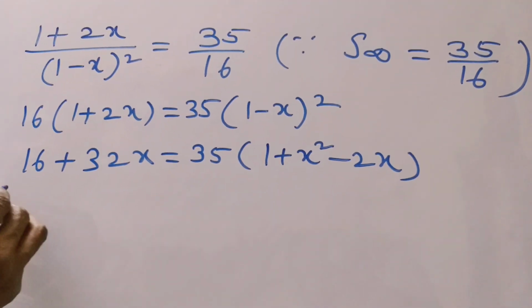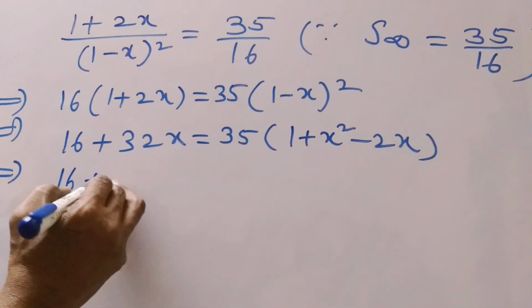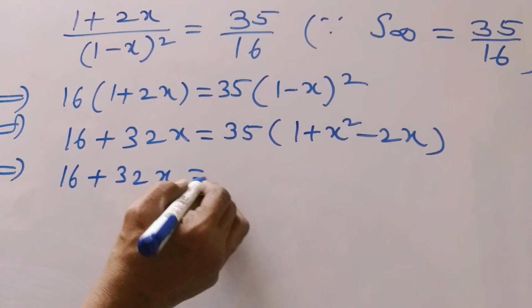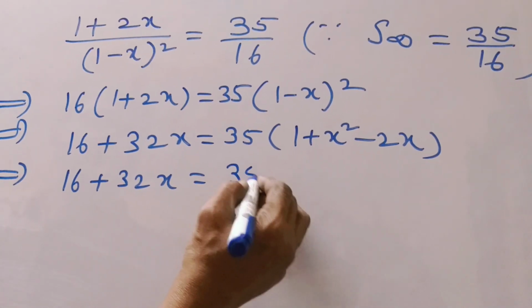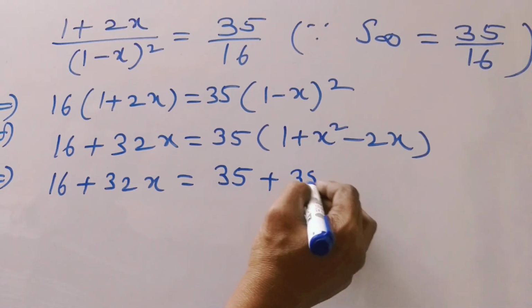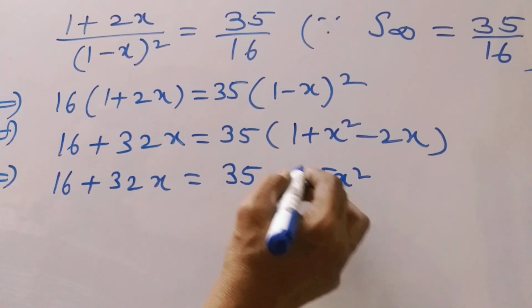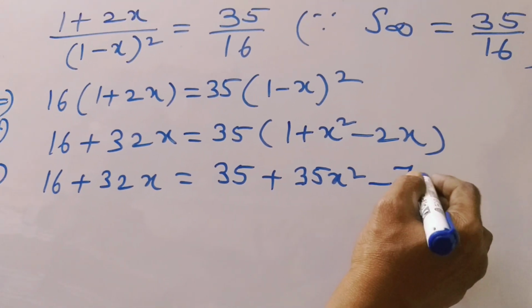So 16 plus 32x is equal to 35 into 1, 35, plus 35 into x square, minus 35 into 2, 70x.